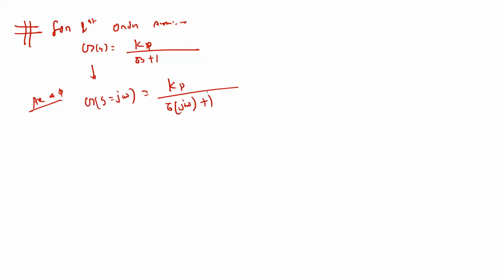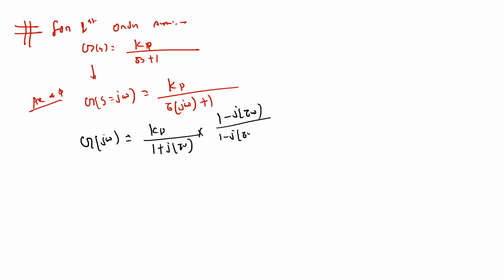After substitution, I will rationalize these things. So G(jω) equals Kp divided by 1 + jτω, multiplied by 1 minus jτω divided by 1 minus jτω.